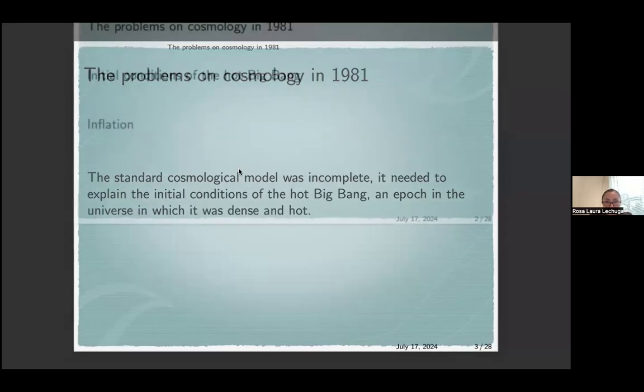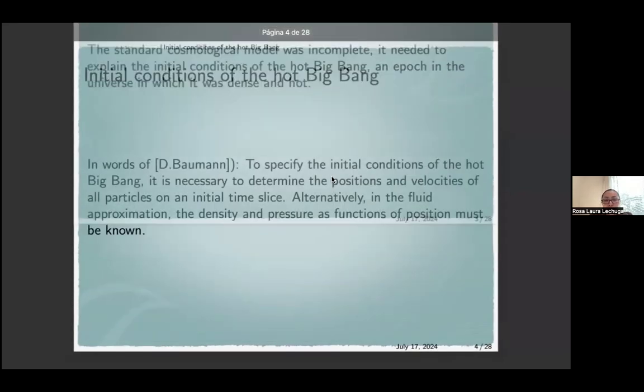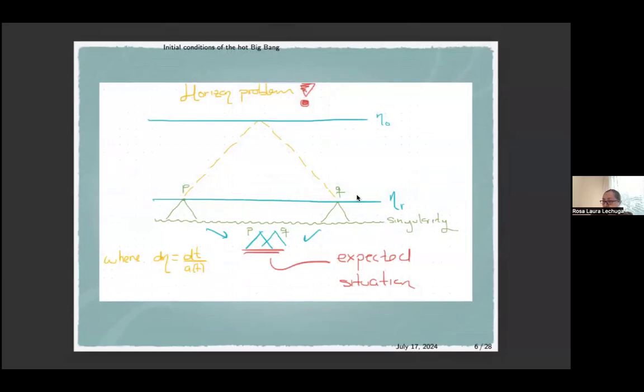So let me say something about the problems before inflation. Yesterday, we saw, or we realized, that one of the problems was the horizon problem, in which we have two regions that an observer today sees with causal connection, but when people study the dynamics according to the cosmological model at that time, they realized they had no reasons to expect that the two regions were in causal connection.